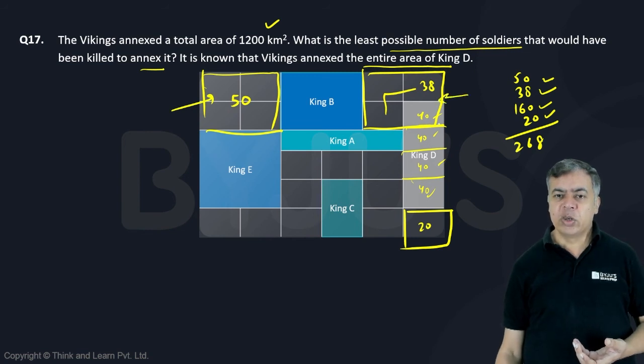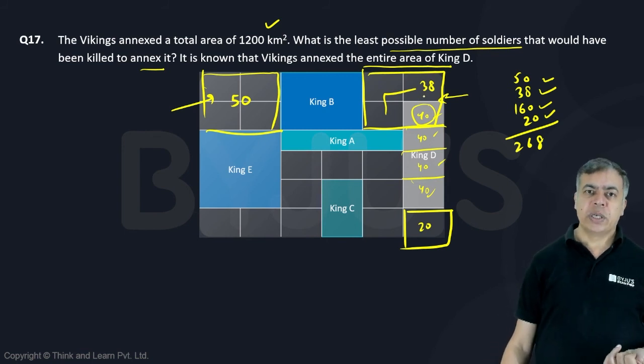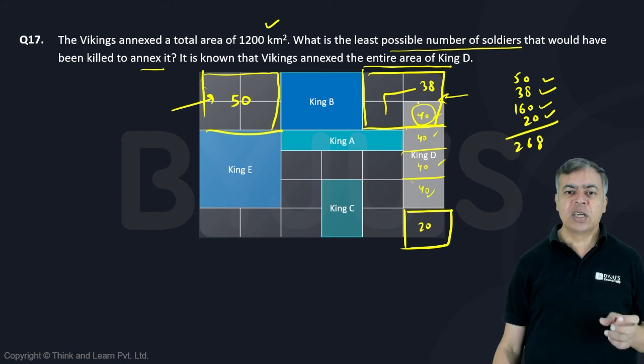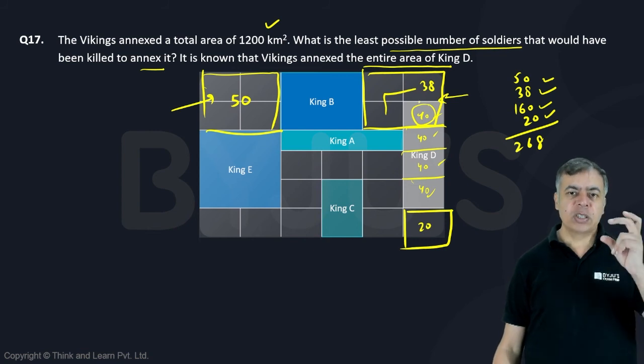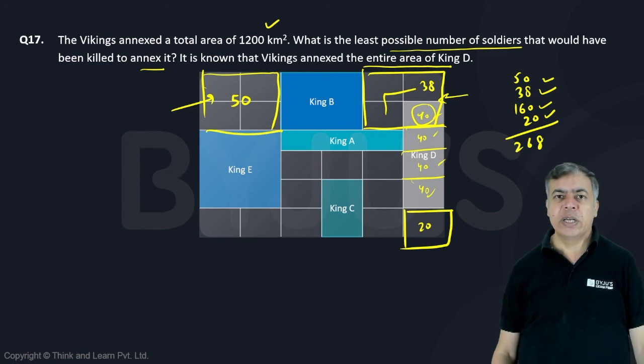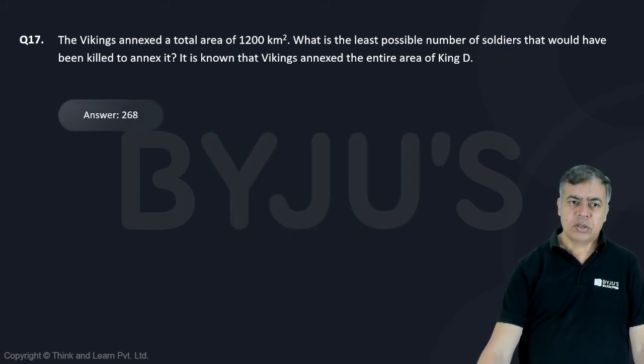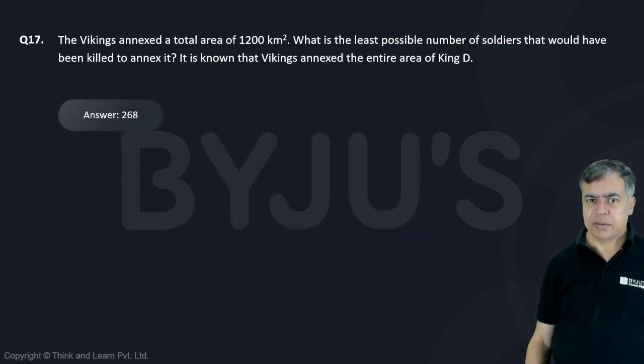So include this because this will be 40 only and the remaining will become 12.5 into 3. Otherwise it is 20, 20, 20. Single squares, unoccupied square. If you attack a single square, it will get your 20 soldiers killed. So yes, 268 is the correct answer.